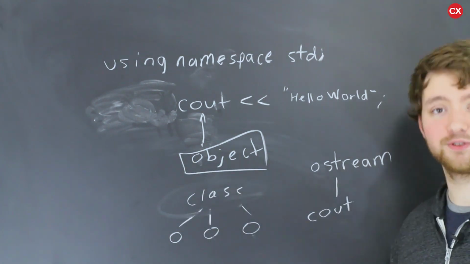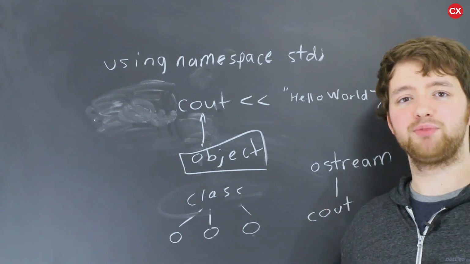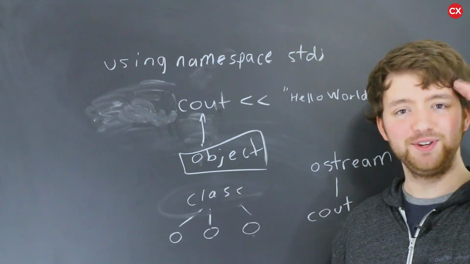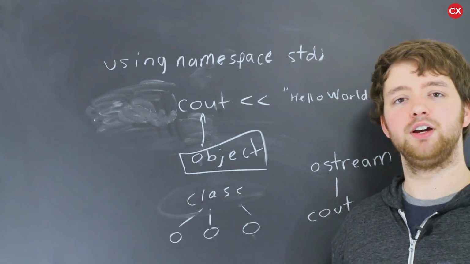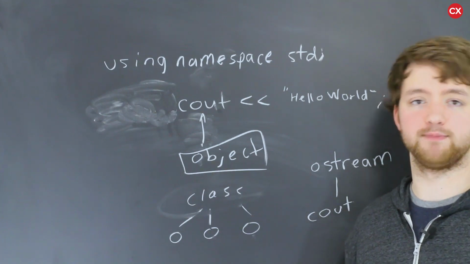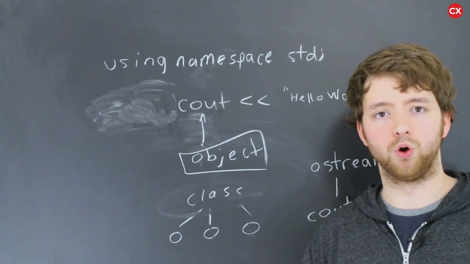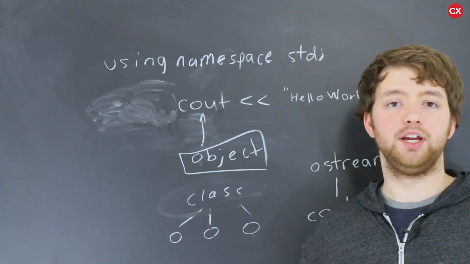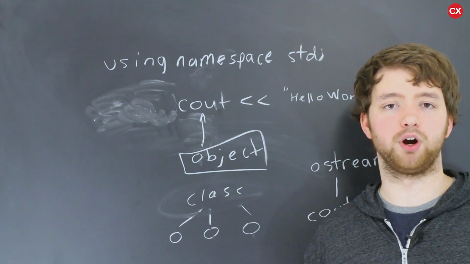Cout is just one of those cookies. So does that actually help you at all with object-oriented programming? Probably not, but if you can get in your brain the difference between a class and an object, it's going to make your life a million times easier once we get into object-oriented programming, which, by the way, is ingrained at the core of C++ programming. It's one of the main things C++ introduced that set it apart from C.